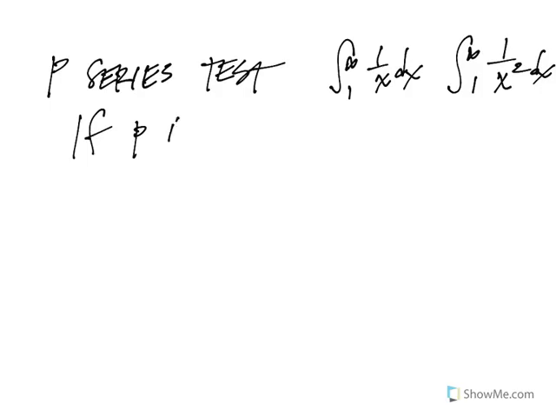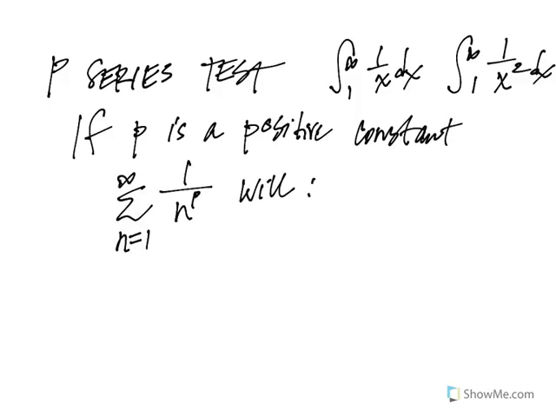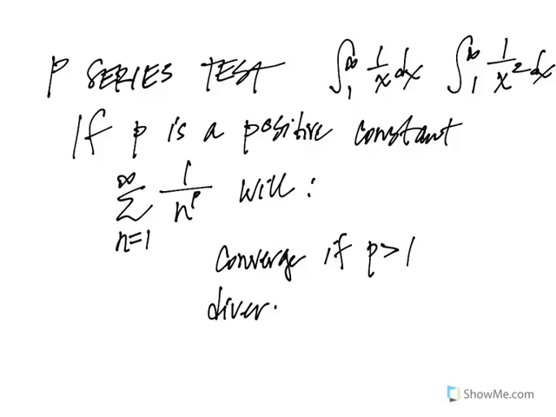So if p is a positive constant, then the infinite series from n equals 1 to infinity of 1 over n to the p will converge if p is greater than 1, and it will diverge if p is less than or equal to 1, greater than 0.